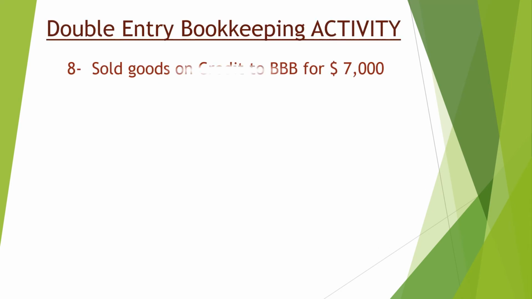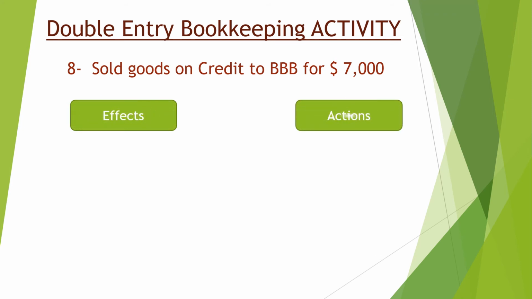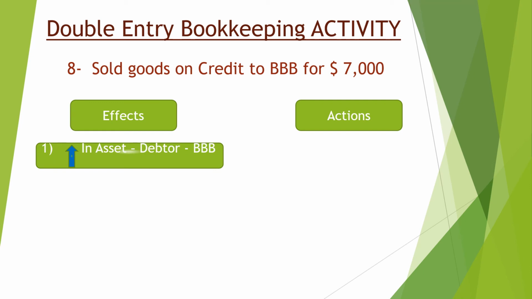The next one, sold goods on credit to BBB for $7,000. When we sell the goods on credit, it will be called a debtor. So BBB is a debtor, which is an asset account. Let's see the effects and the actions.